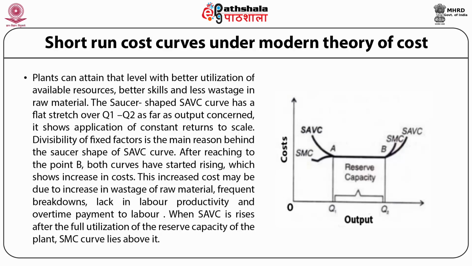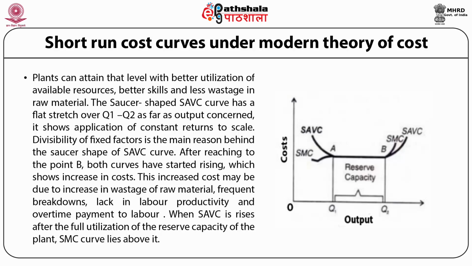After reaching point B, both curves have started rising, which shows increase in cost. This increased cost may be due to increase in wastage of raw material, frequent breakdowns, lack of labor productivity, and overtime payment to labor.